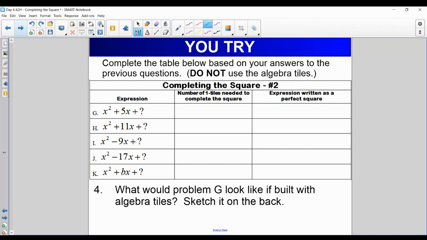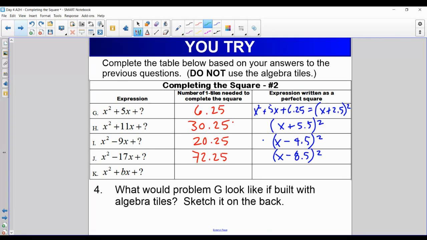So if you went here and tried to do these, hopefully you saw that, and what you ended up doing was taking half of this, squaring it to get this, and then you saw when you rewrote this that that half ends up appearing in the parenthesis again.